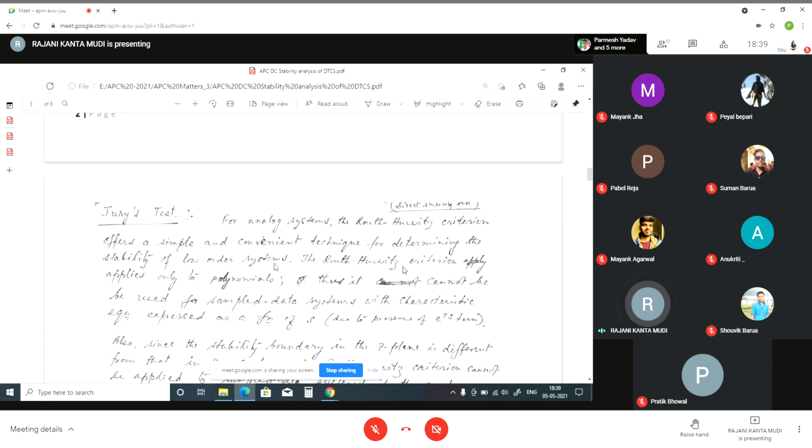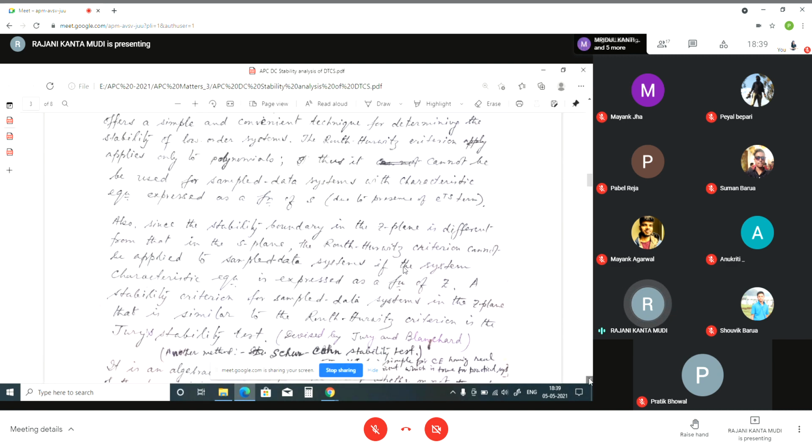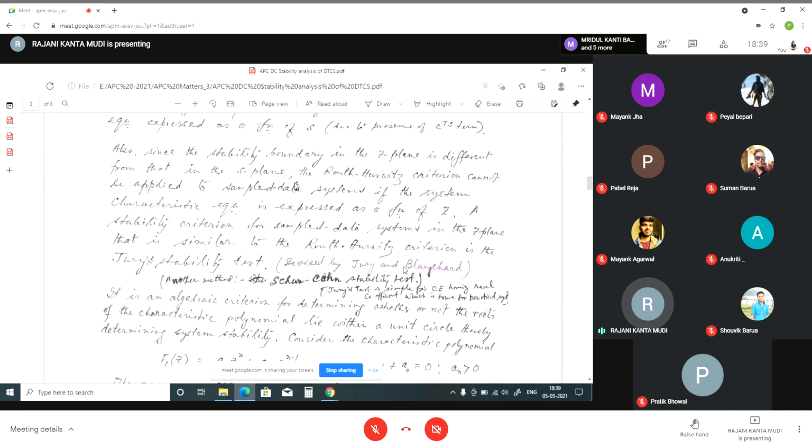One reason is that the characteristics equation or transfer function of a discrete time system cannot be expressed as a polynomial of s due to the presence of various terms. The second reason is that even if we express the characteristics equation as a polynomial of z, the stability boundary of the discrete time system in the z domain and the stability boundary of the continuous system in the s domain are different. That's why we cannot apply Routh-Hurwitz criteria.